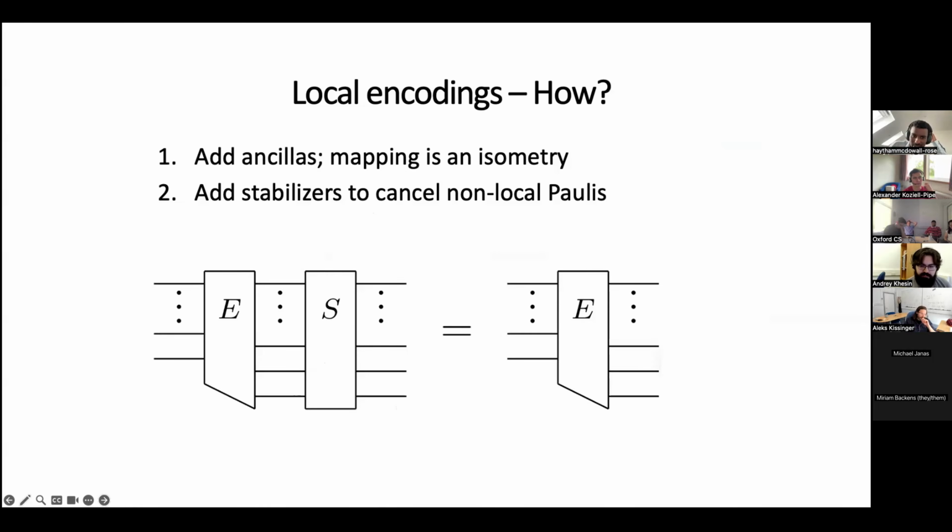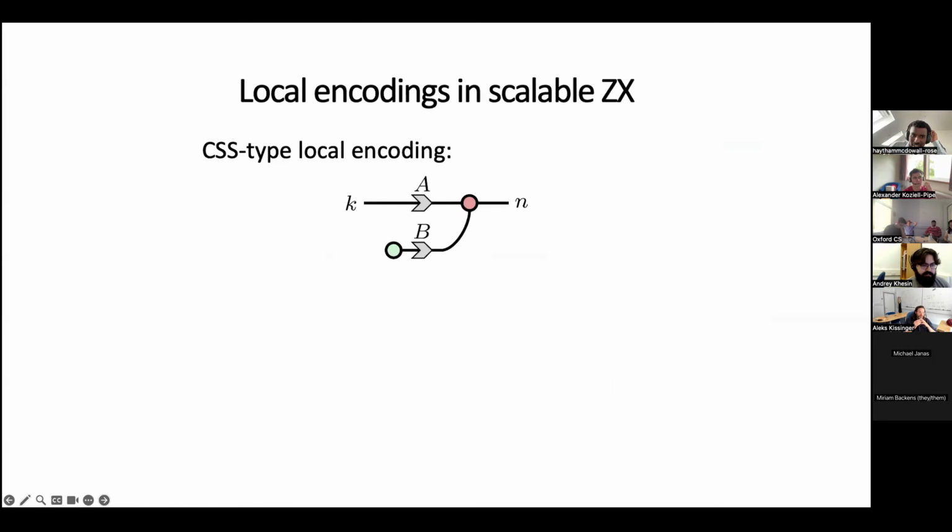By the way, this is the most general phase-free ZX diagram going from k qubits to n more than k qubits. This is what it looks like. You have to add this little matrix arrow dangling off the end.